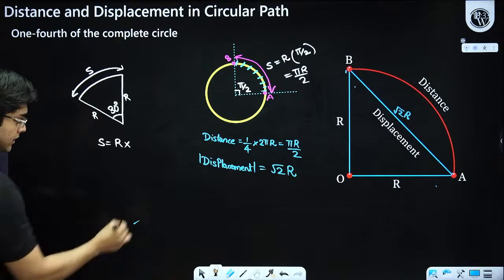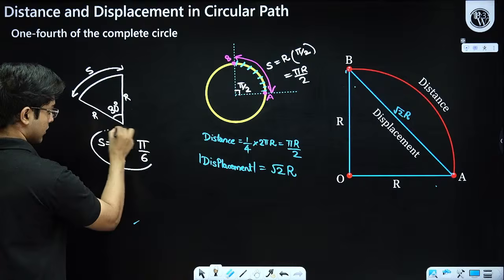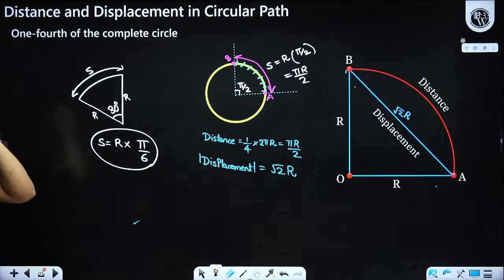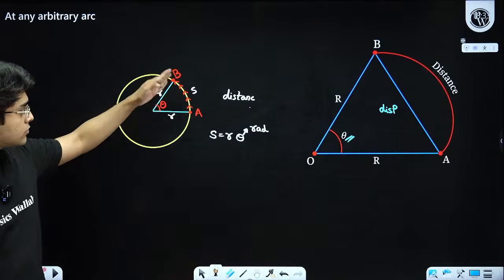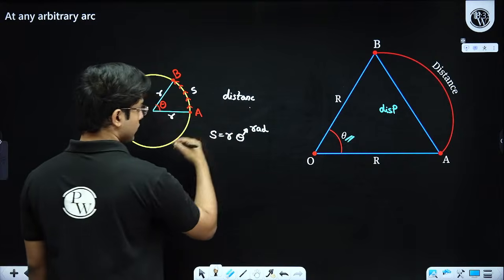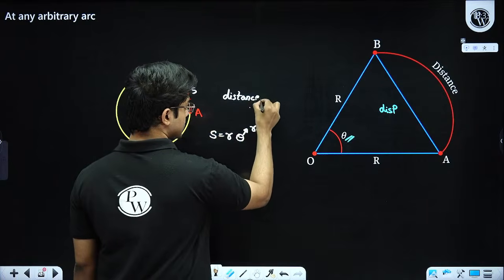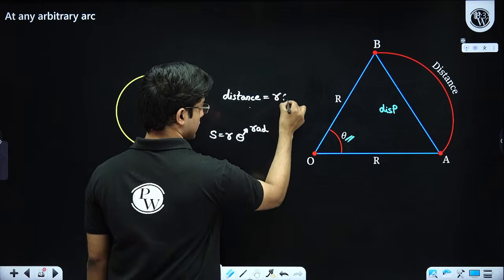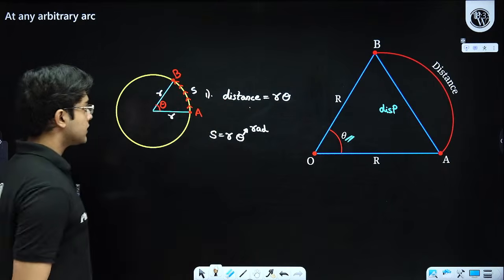It is pi by 6, okay, pi r by 6. So here in this case, s will be r theta. So that will be my distance. So my distance is simply going to be r theta. That's the first thing. Now what about the displacement?